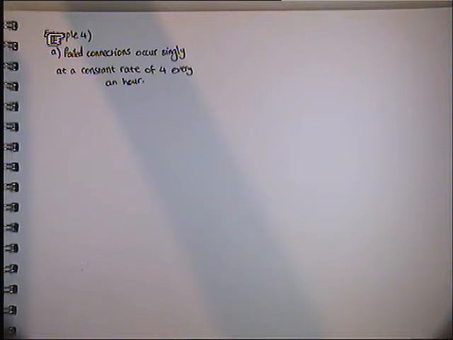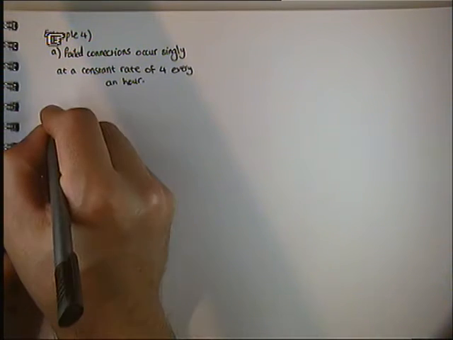However, the third one could be they're happening independently. Okay, one fail doesn't mean the next one wouldn't happen, or it doesn't mean the chance of the next fail would reduce or increase.